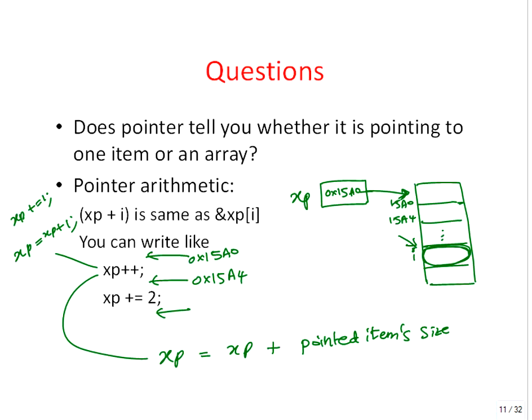So the corresponding address will become 15A8 and then 15AC. C is 12, right? 4 plus 8 equals 12, so 15AC after adding 2. Pointer arithmetic is one of the confusing topics, so take it slowly, and hopefully we'll cover a few more examples later.